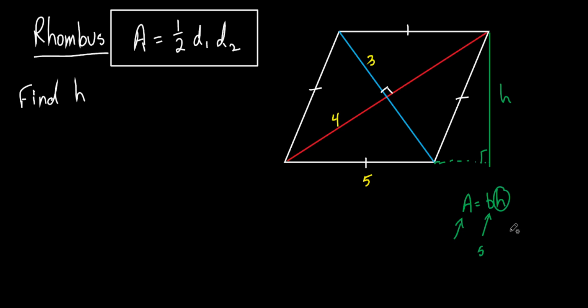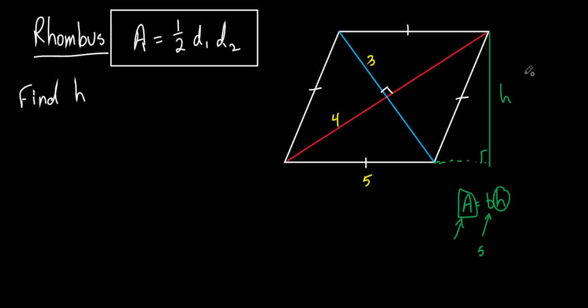So what's the problem? What do I need to find? I need to find the area of this thing. Now, it's not just any old parallelogram. It's a rhombus. And they gave me enough information to find the area of this rhombus. You got to think ahead a little bit. I need an equation that's got h in it.